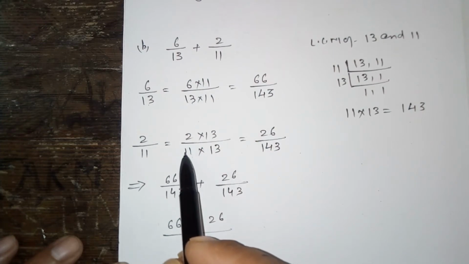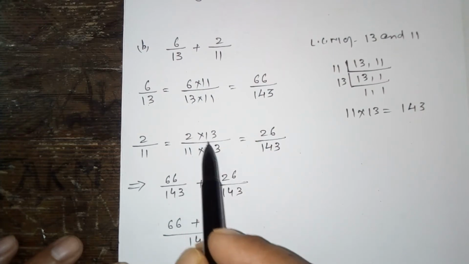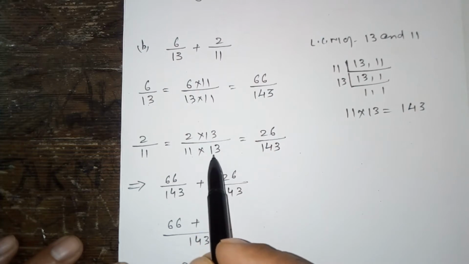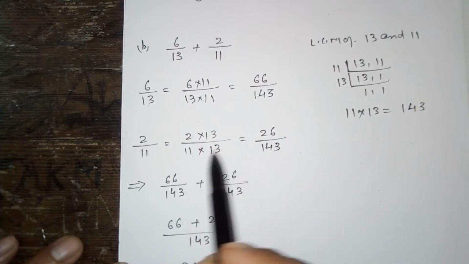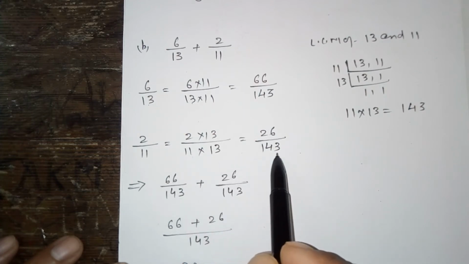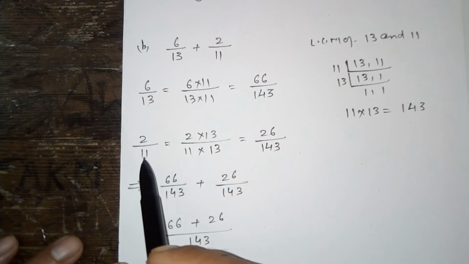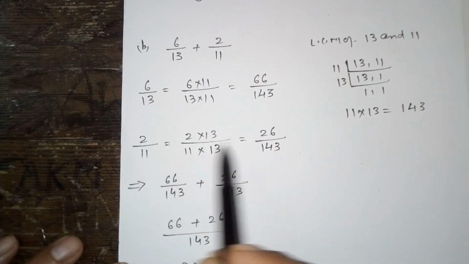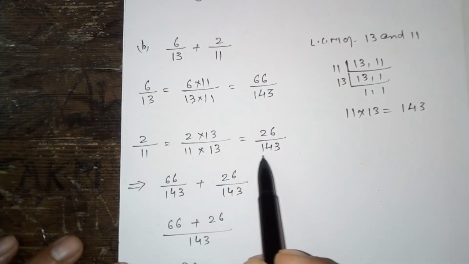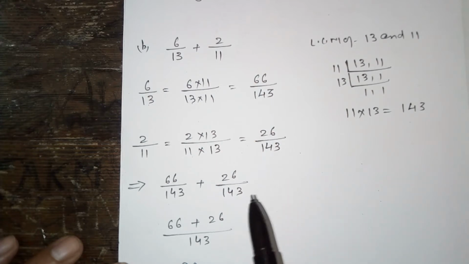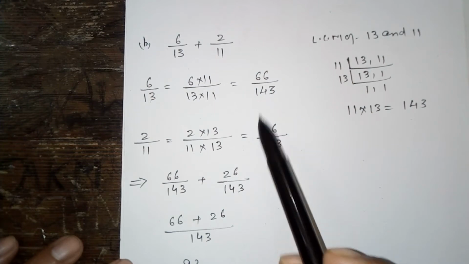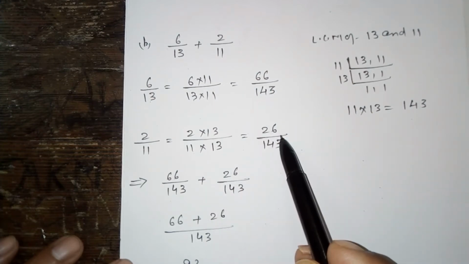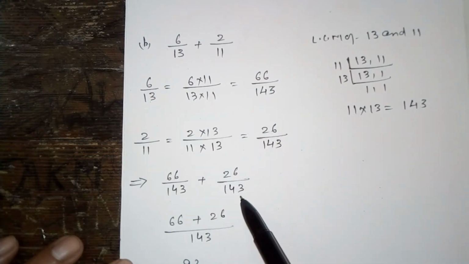So in 2 upon 11, in numerator and denominator multiply by 13. 13 twos are 26, 11 into 13 will give you 143. So 2 upon 11 is converted to 26 upon 143. Then after, 66 upon 143 plus 26 upon 143.